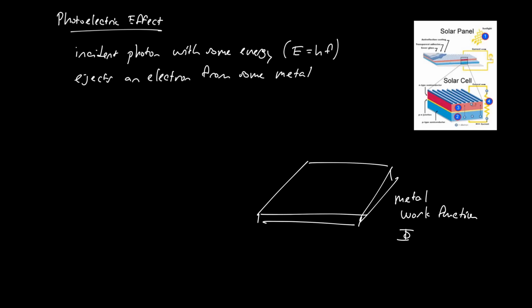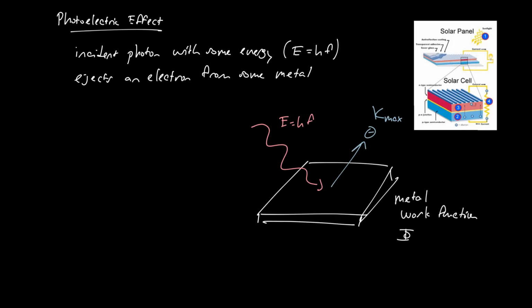So it's how much energy you need to get an electron off this metal. Okay, so we have a photon with some incident energy, and we eject an electron with some, let's say, maximum kinetic energy. And so if the work function is the minimum energy required to get this electron to be ejected from this metal, then we can just write a simple conservation of energy equation.